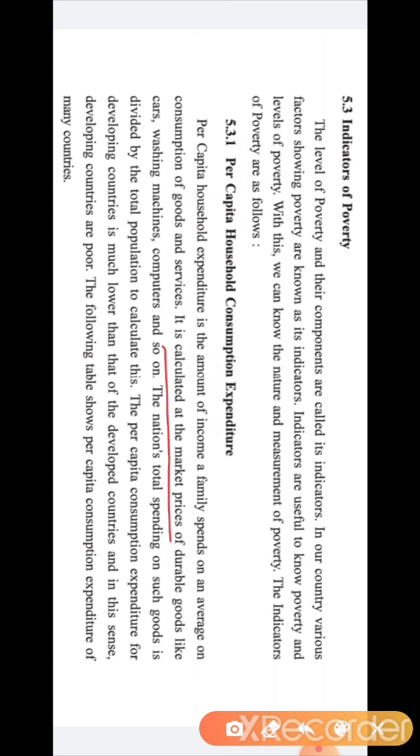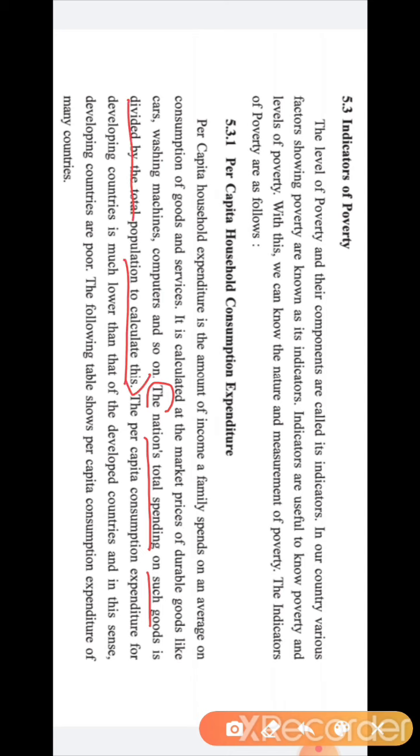So again, see, it is calculated at market price by counting the income spent on durable goods such as car, washing machine, computers and so on. Now this is important, pay attention. The nation's total spending, the total amount of income the people are spending on such goods, is divided by the total population.